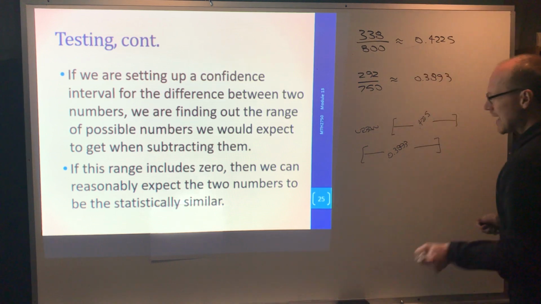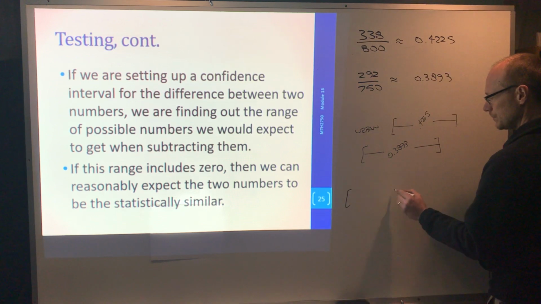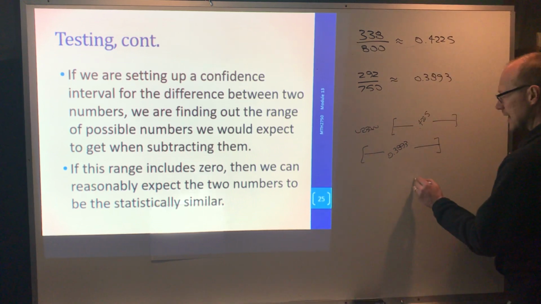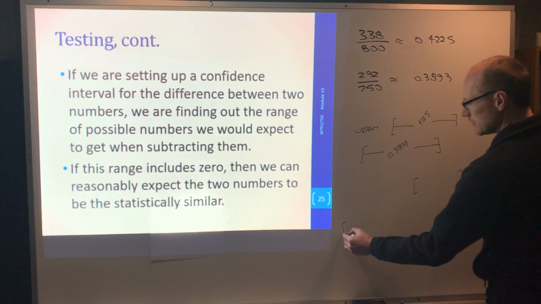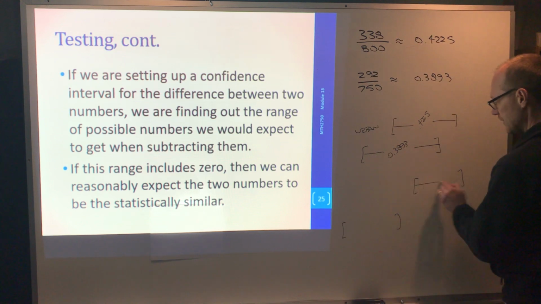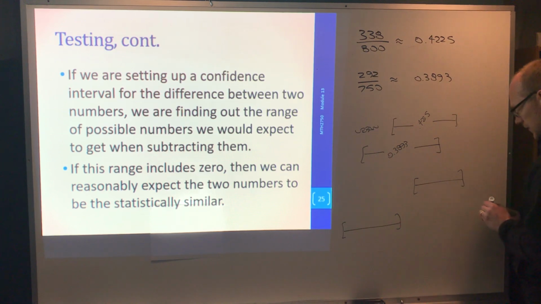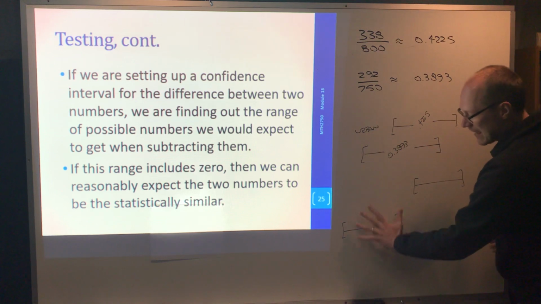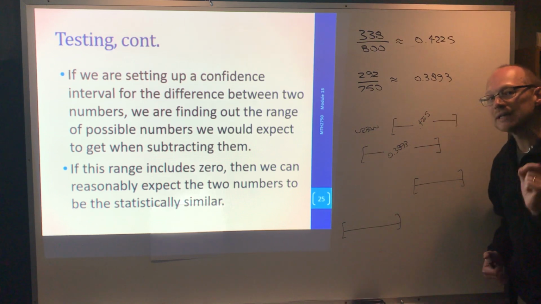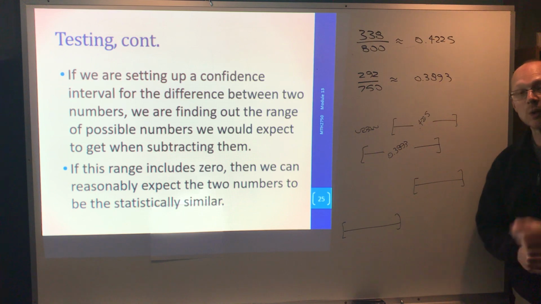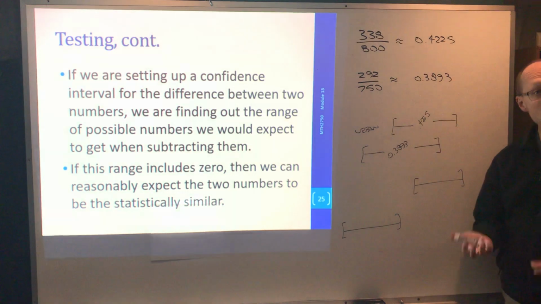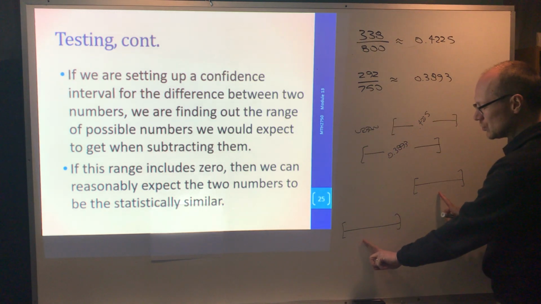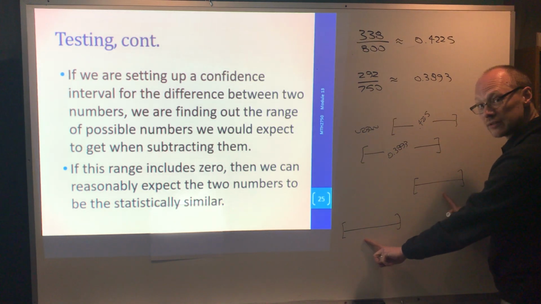Now, if I have two confidence intervals like this, if I take every number from here and subtract it from every number from here, will I ever get a negative number? Will I ever get 0? No. And because I will never get 0, I can say that these two numbers are different.